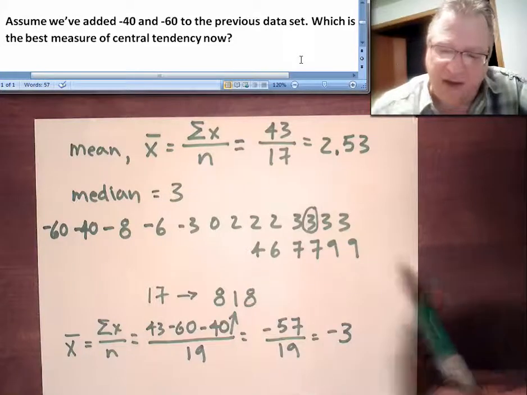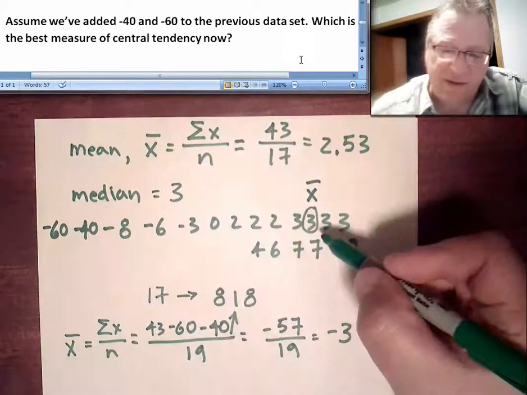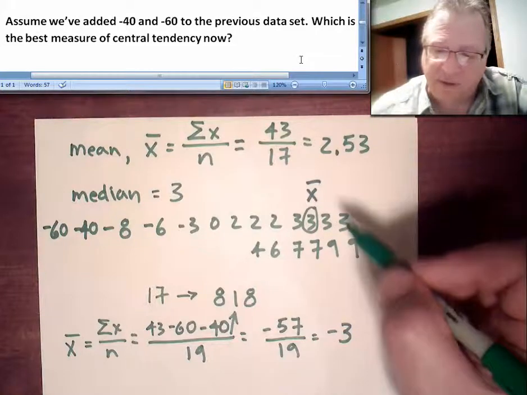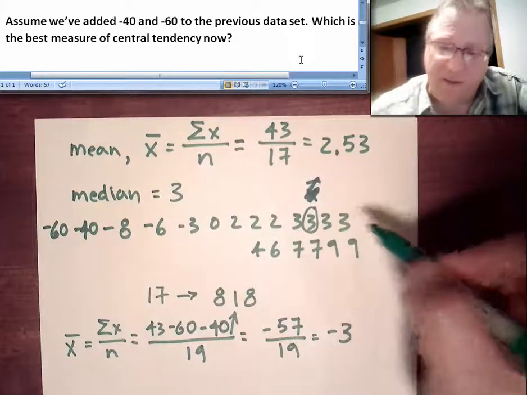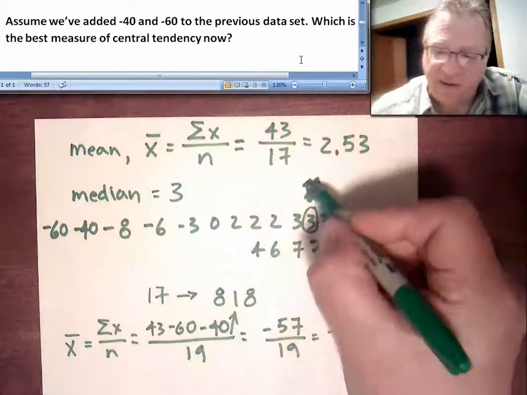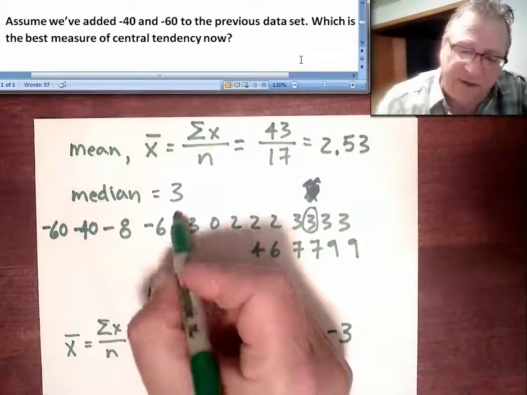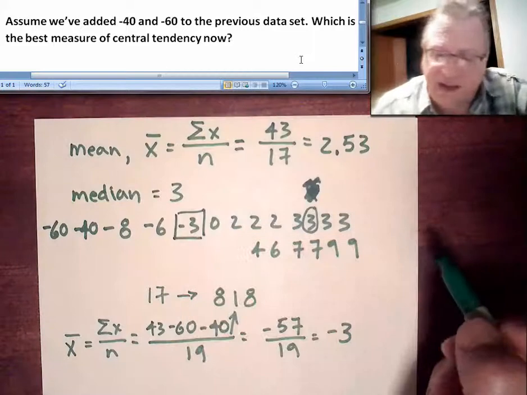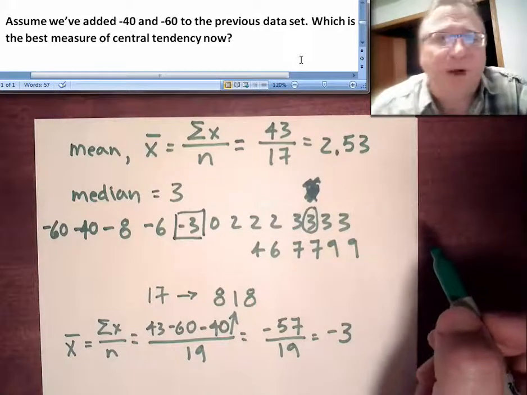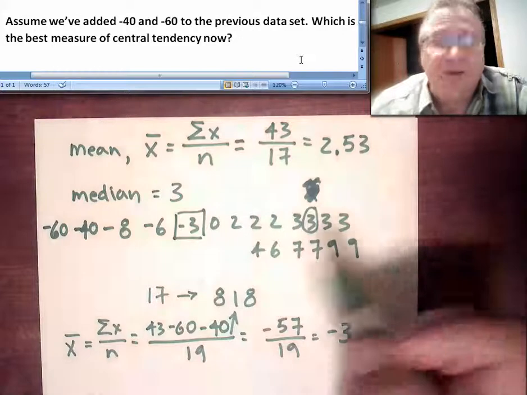So look what's happened. Our mean has gone from 3. No, I'm sorry, that's our median. Our mean was 2.53, and our median was 3. But now our mean is way down to negative 3 when we add those two outliers into our data set. It skewed things, hasn't it?